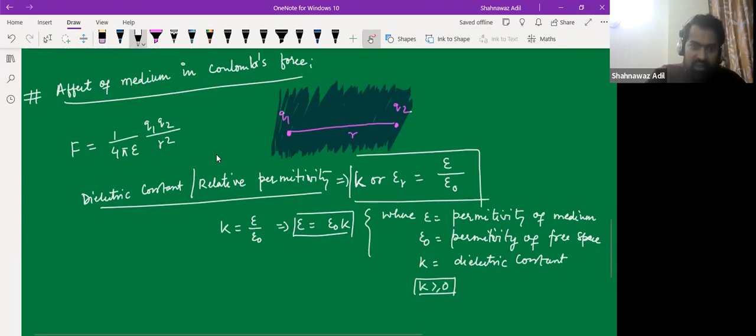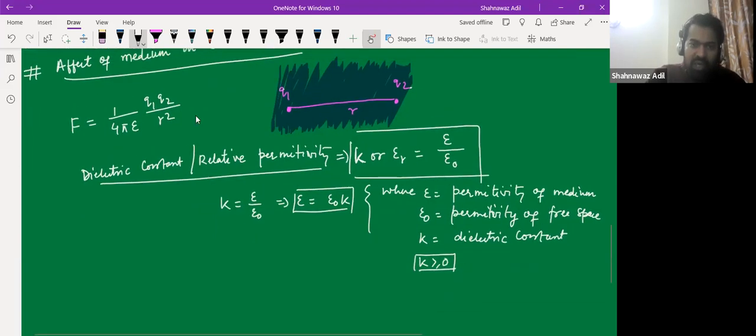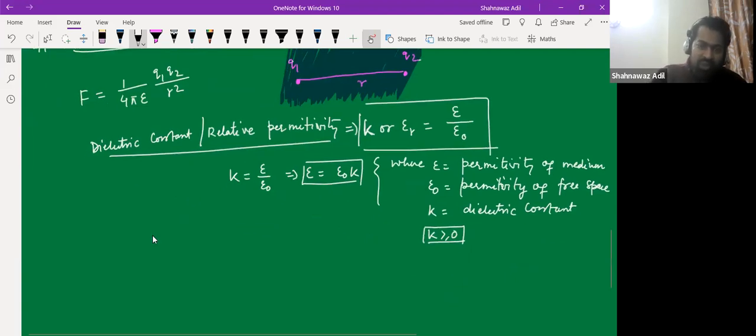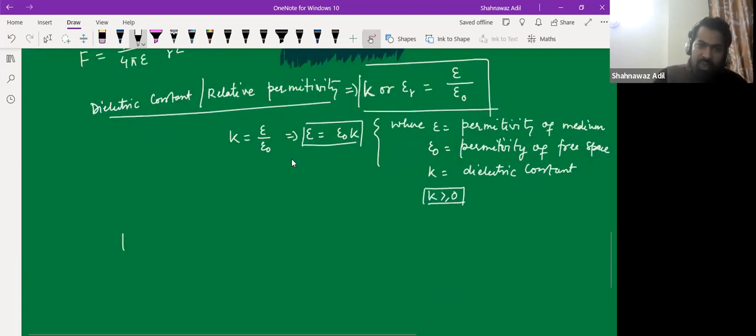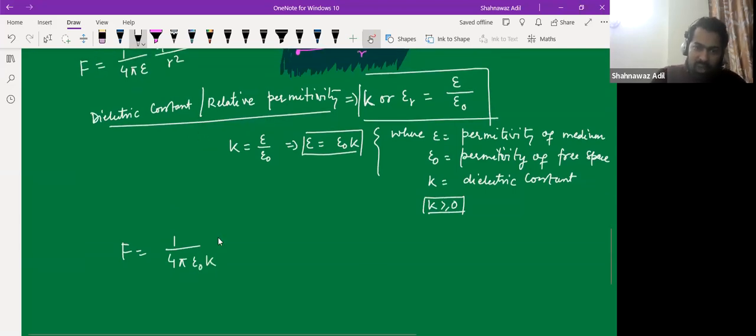Then what will happen to the force? In place of this epsilon, we can write 4 pi epsilon naught K, and this would be Q1 Q2 by R square.